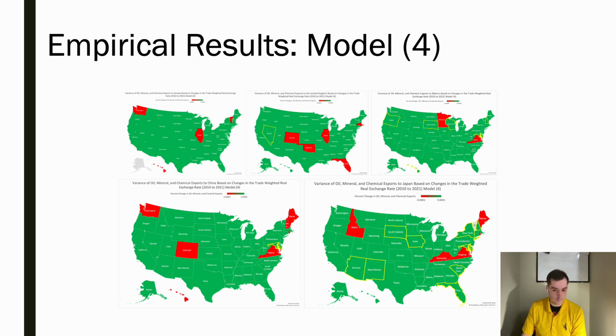So I thought that was kind of interesting. And for the most part, this model resulted in more positive correlations between real exchange rates, trading partners, and the quarterly oil, mineral, and chemical exports as compared to the previous models.